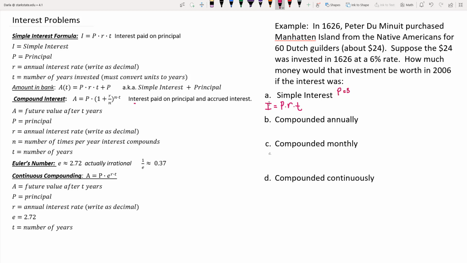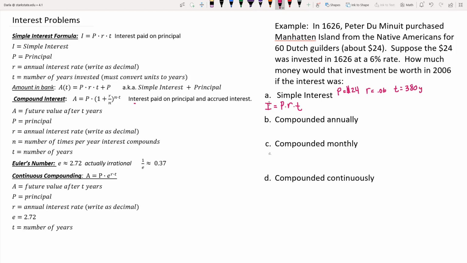Okay, so I'm just going to label that. The interest rate, they said, was 6%, which we would write as a decimal, so 0.06. In other words, take the 6 and divide it by 100, you'll get 0.06. And then the time is how much time has passed in years. 2006 minus your 1626 would be 380 years.